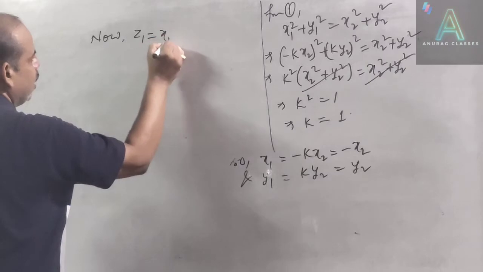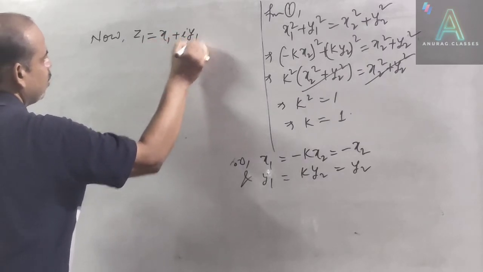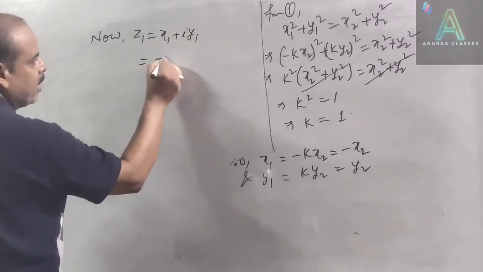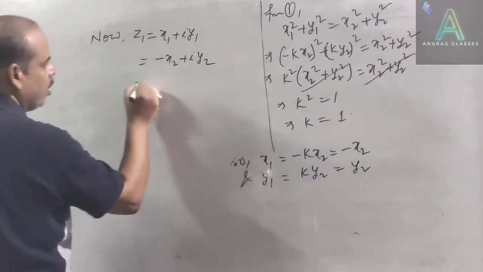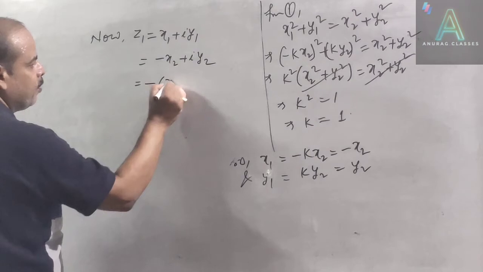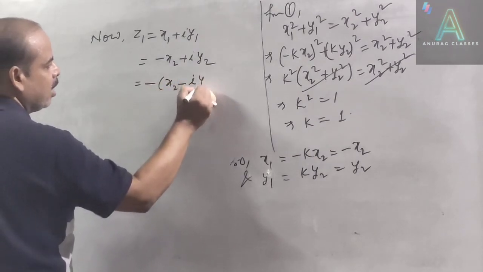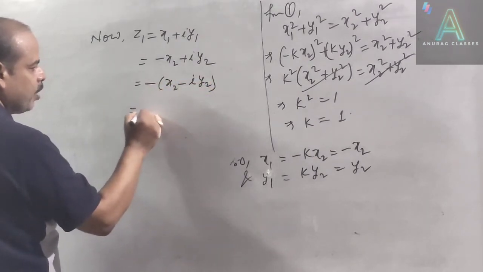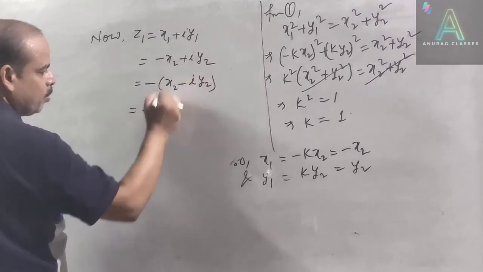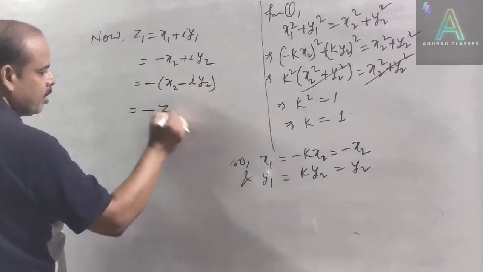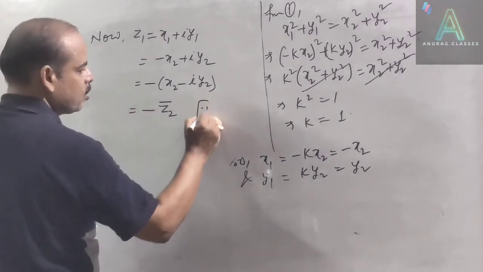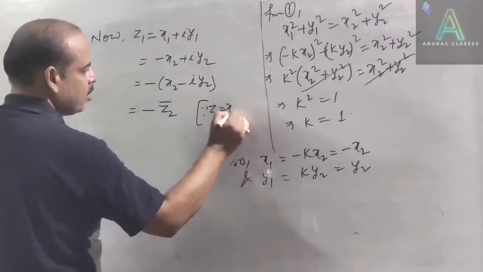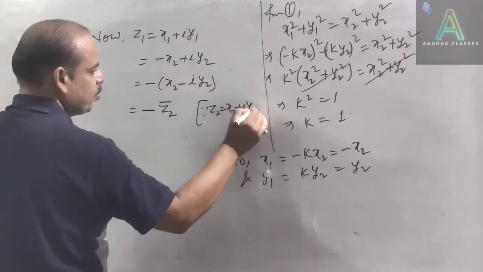Z1 is equal to x1 plus iota y1. The value of x1 is minus x2 and the value of y1 is y2. Take minus common, then it will be minus of x2 minus iota y2. Clearly you can understand that x2 minus iota y2 is nothing but the conjugate of z2, because z2 was x2 plus iota y2.